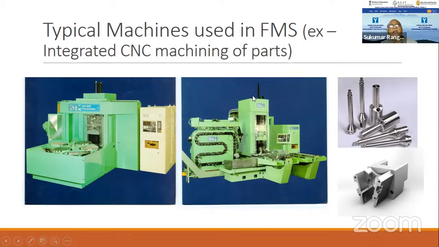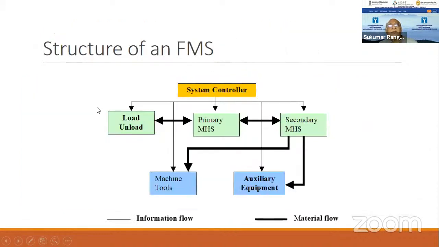This is why they are called flexible manufacturing systems, which are usually integrated CNC machining. So, the structure of the machine: there is a system controller, there is a loading and unloading, which is the only manual part of the whole thing. Then there is a primary material handling system. There is a secondary material handling system.